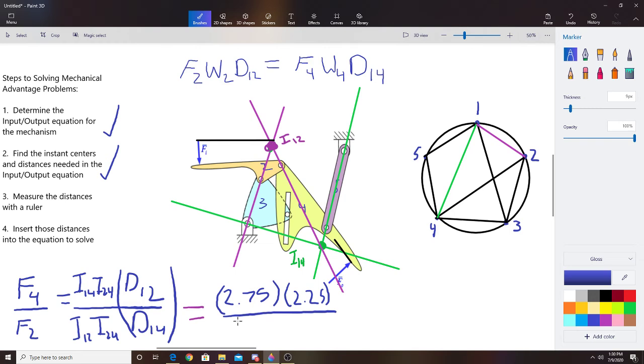What is that in decimal? 0.625. Is that right, for 5/8? Load of help today, you guys. Okay, and then we have D14, which is 7/8, which is 0.875.